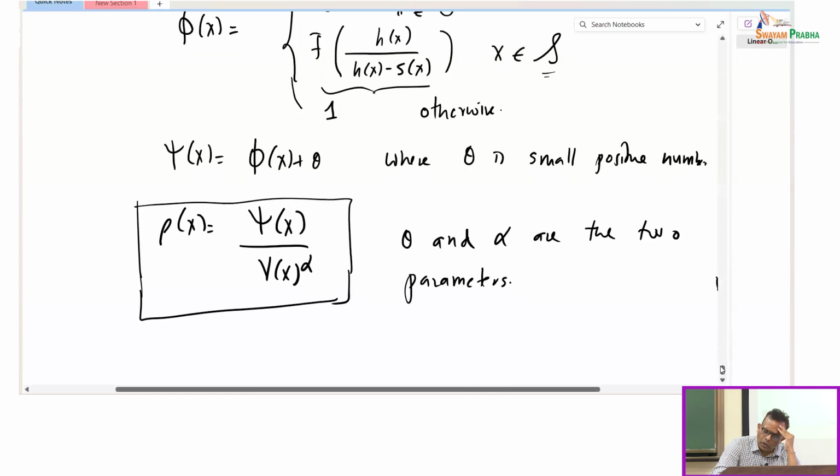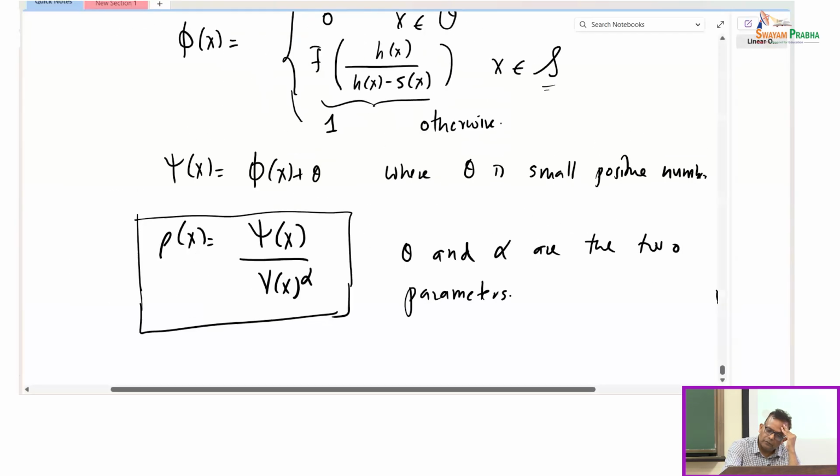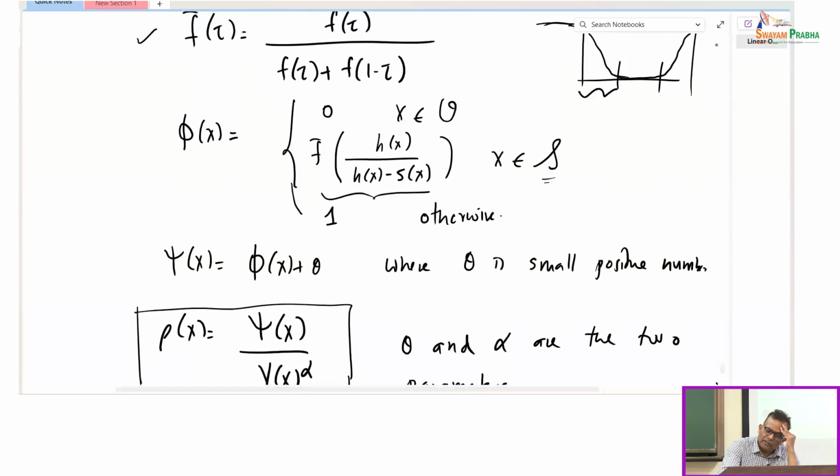So if I want to draw that, this could be a tuning parameter, right? Which is the region where the width of the annulus, basically, where the function makes a transition from 0 to 1.